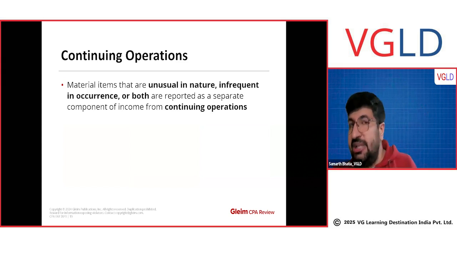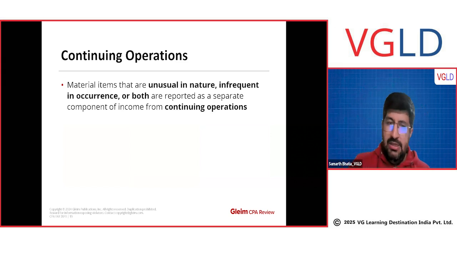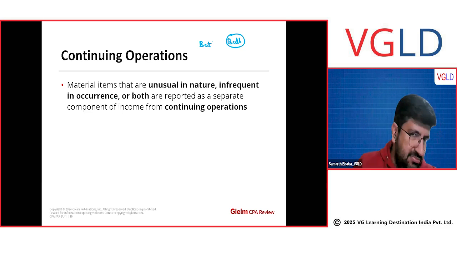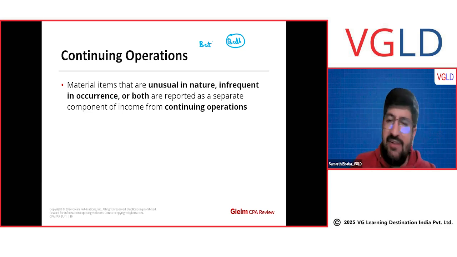Say the company has two divisions. One is the bat division, the second is the ball division. And the company is planning to close its ball division. They have clear plans to close it. They are not going to operate the ball division because it is in continuous losses.